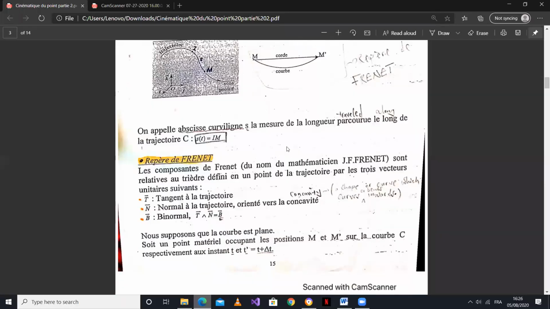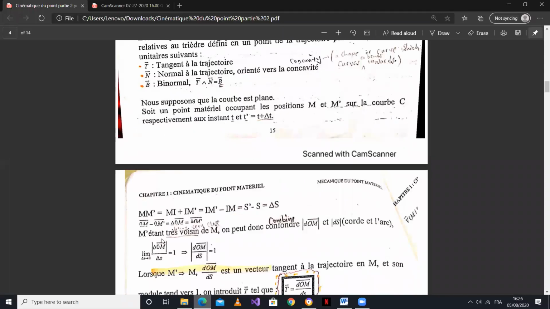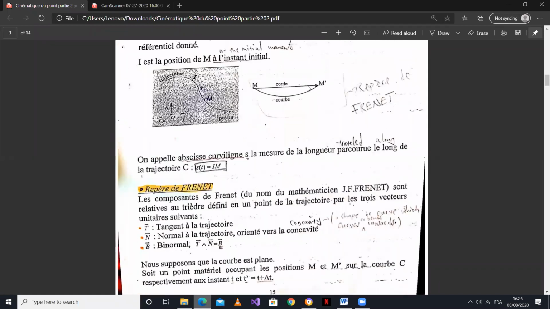So we have this chord M prime. And what they are going to explain to us in this next part is that M prime est un très voisin de M. It's like we're studying two points that are very close to each other on this curve. On peut confondre d de OM et d de s. d de OM is the chord here.